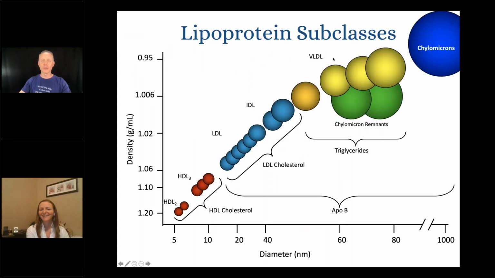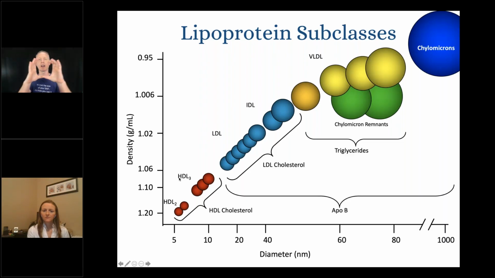All right, so let's look at all the subtypes of the lipid profile. We've got HDL, LDL, VLDL, and chylomicrons, differentiated in part by their diameter and buoyancy, whether they float, which is impacted in part by their density. If you look at the diameter, way over here very big, way over here very small.